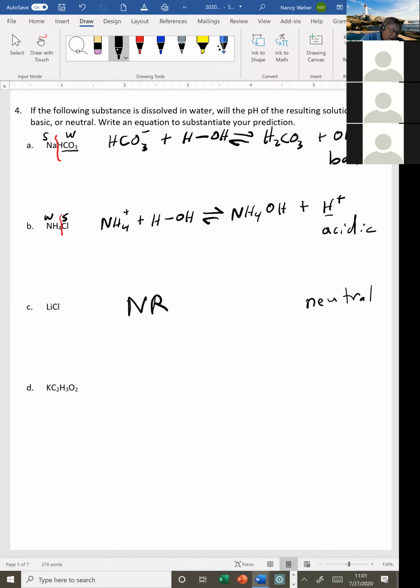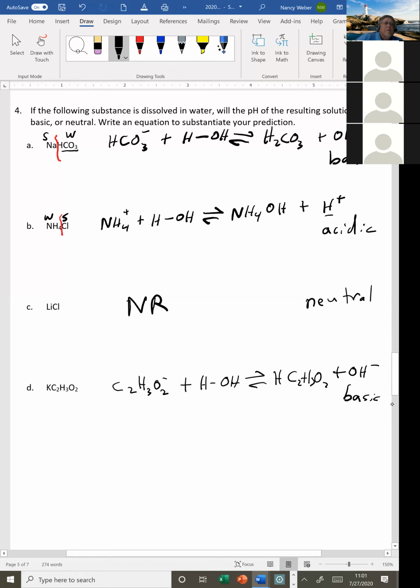Okay. The acetate is going to be the part hydrolyzed, right? And it will react with water to form acetic acid plus OH minus, so it is basic. So are you beginning to get the idea of how to sort through those?